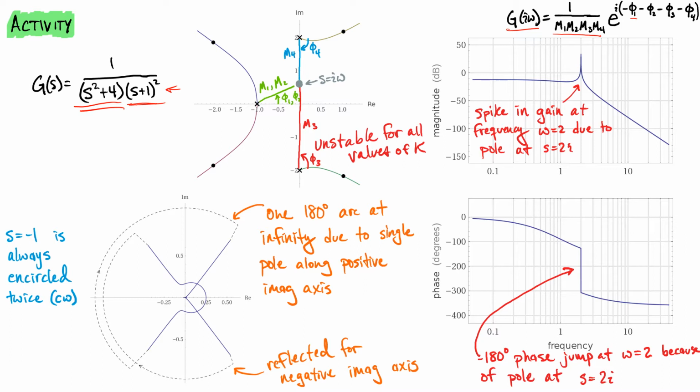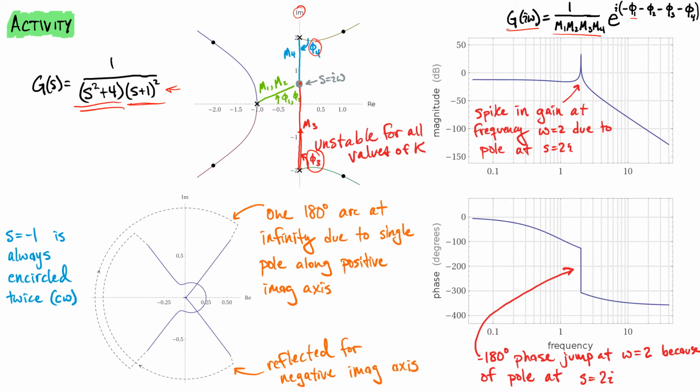We have 4 poles, and on the positive end of the imaginary axis, phi 3 is always going to be at positive 90 degrees. It will always be looking directly up to any point that could be here.